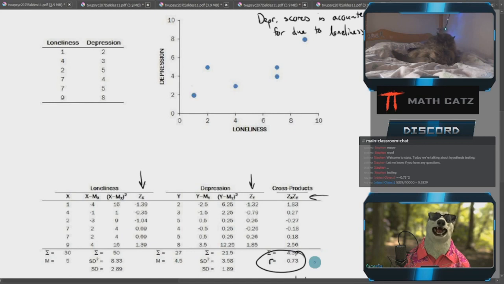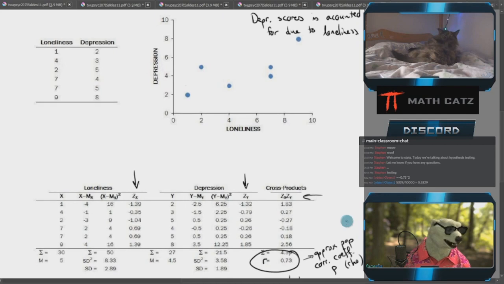It's an approximation of the true population correlation coefficient, which we'll call rho. Just like any other sample, it estimates something about the underlying larger population. And there is natural variation in my small sample.